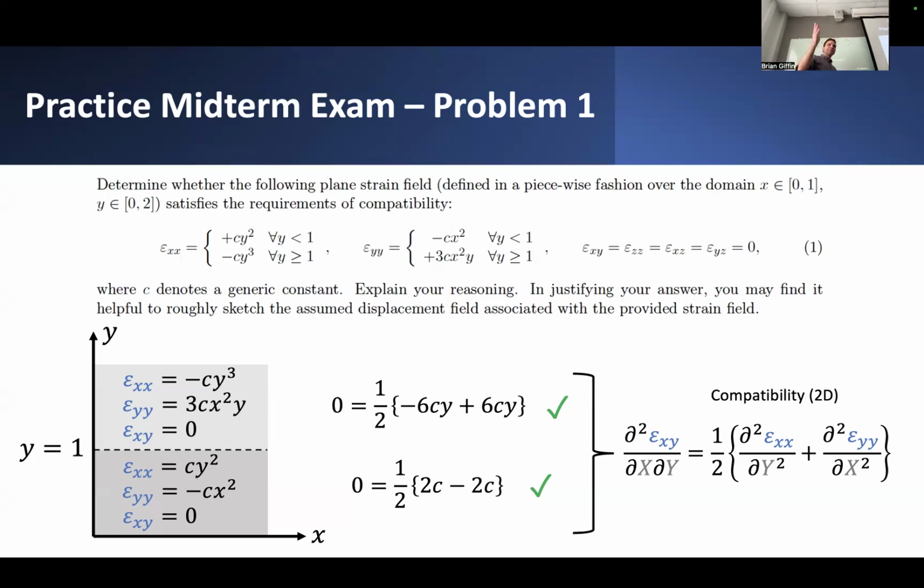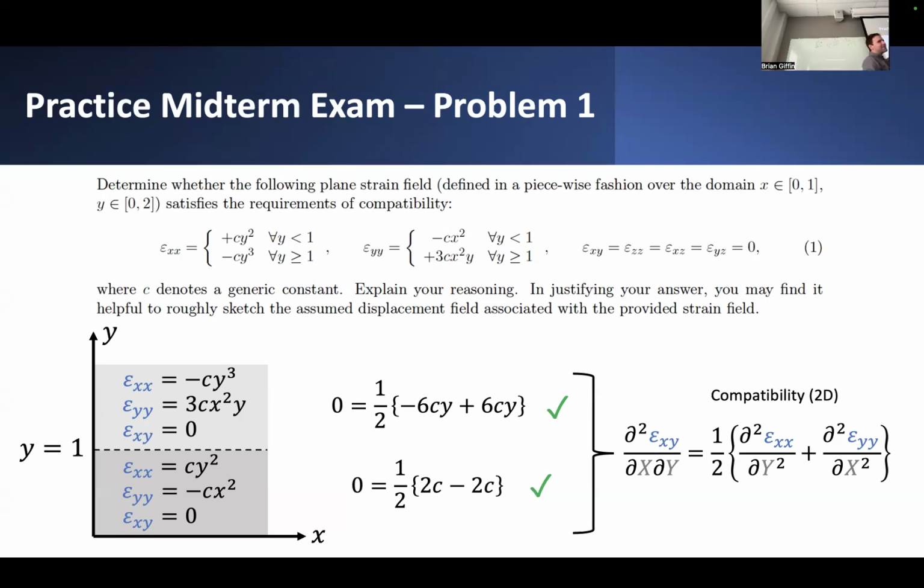Now, it is possible to have a discontinuous strain field, but still have a continuous displacement field. So if you were to look at this resulting strain distribution and say, well, the strain field is not continuous, therefore we don't have a compatible deformation field, that's not necessarily true.